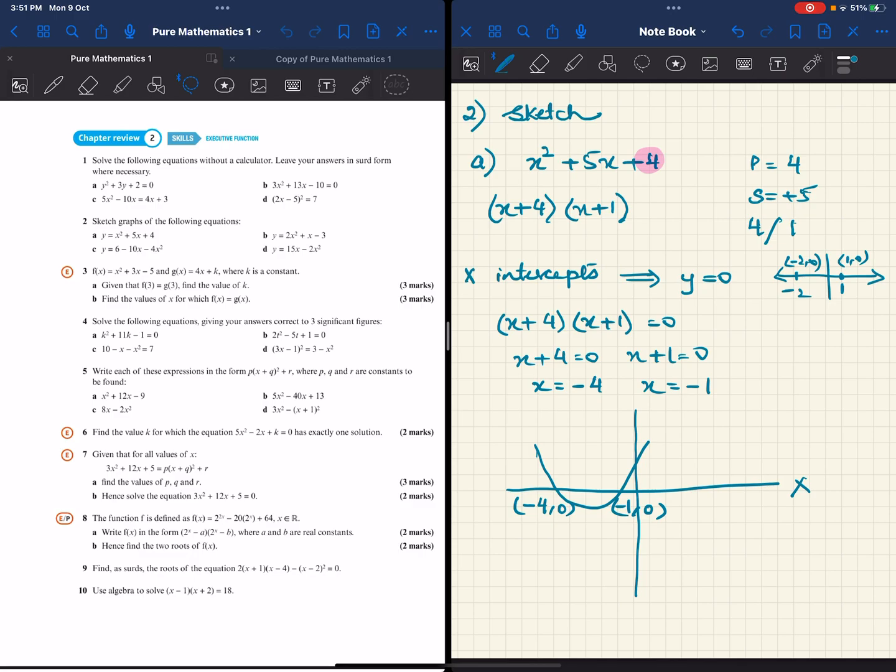This is the origin, so origin is 0. This is the y-axis, and as our y-intercept is 4, which is the constant, we can write y-intercept. Now on the y-axis, x is always 0. So 0, 4. And that is the sketch of question number A.